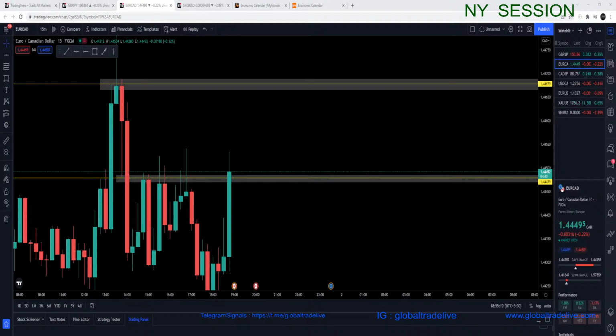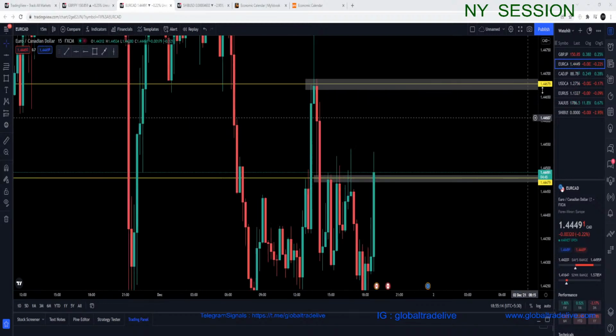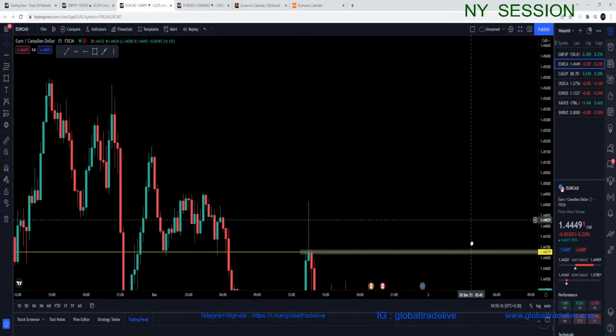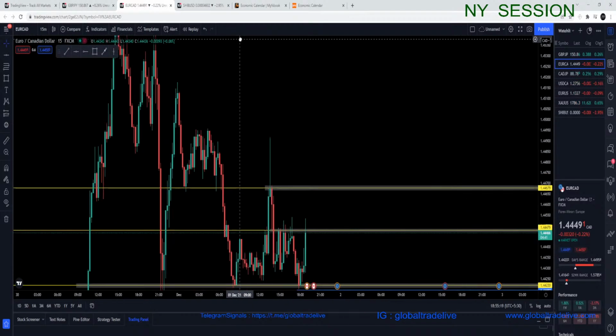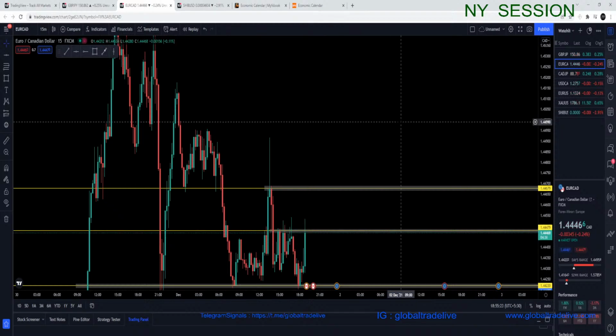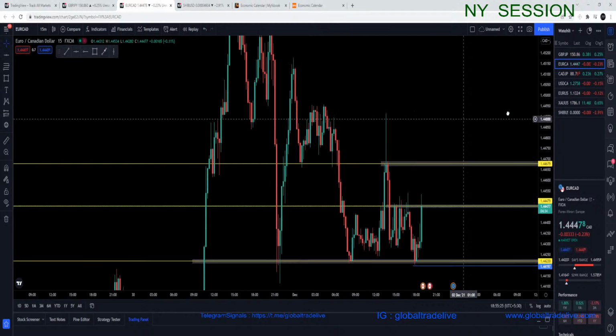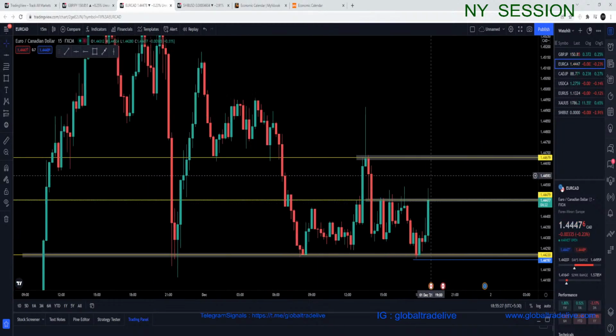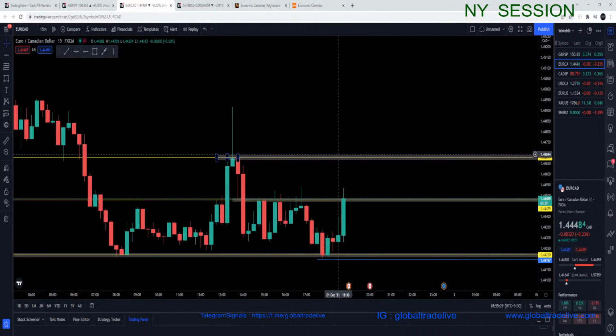So now EuroCAD has created a high, which is this high over here. Look, I really think EuroCAD will be moving down from here. I still believe, even though it can go up to this level, that after this level it should be going down.